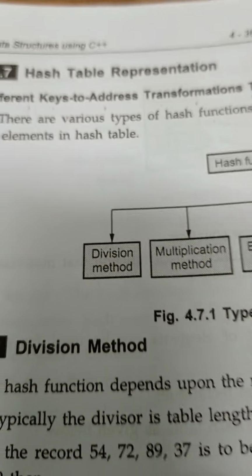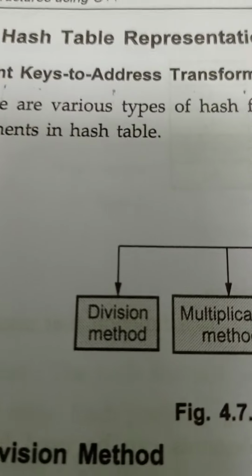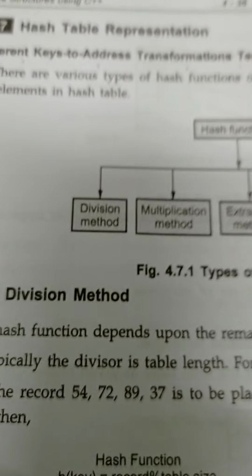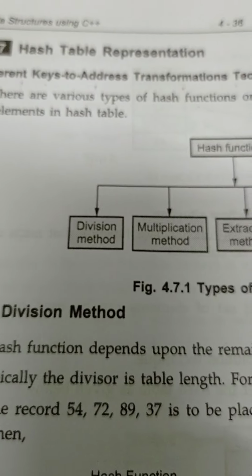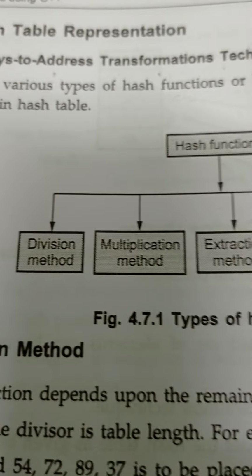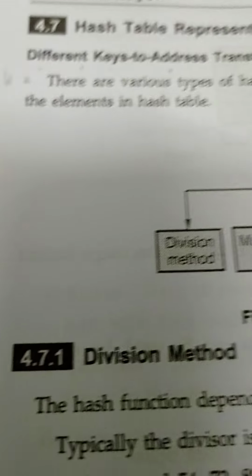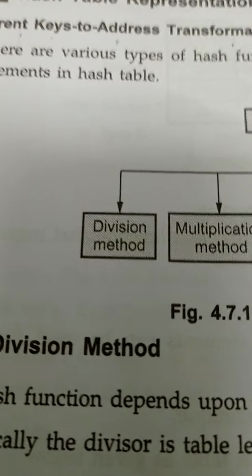What next? Hash table representation. How can we represent the hash table? There are different key address transformation techniques. For example, the hash function. There are various types of hash functions or hash methods which are used to place the elements in the hash table.